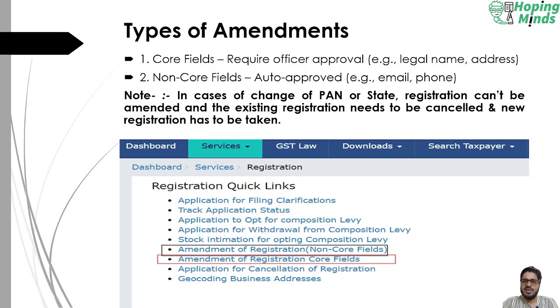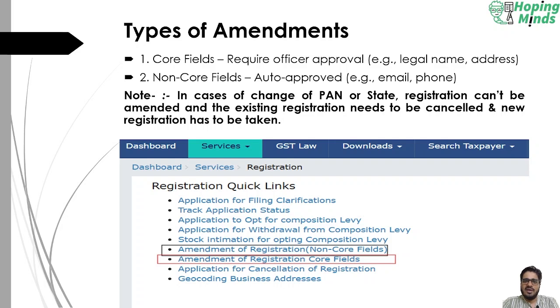Hence in such a case the existing registration cannot be amended to amend the PAN, rather it has to be cancelled and a fresh registration needs to be taken. Similarly, in case of change in state also, the existing registration cannot be amended, rather a fresh registration has to be obtained. So this is the screenshot.